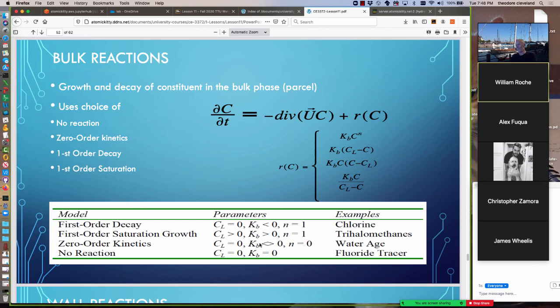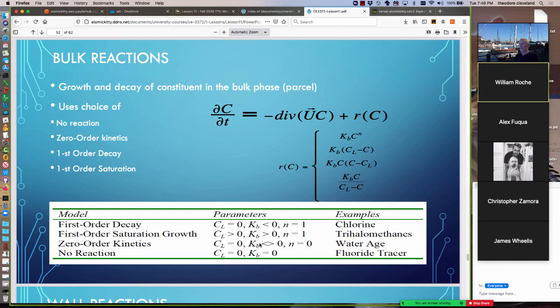So if you want to put a constituent into your model to trace flow through the system, and certainly not through a 5-pipe system, but if you have 5,000 pipes and you want to know how constituents work their way through the system, a tracer is an appropriate model, and you would just turn the reaction terms off.